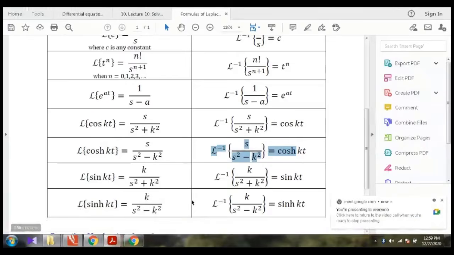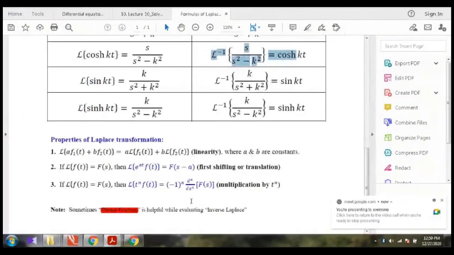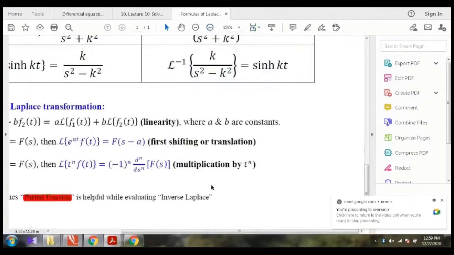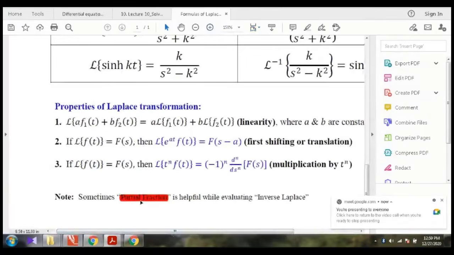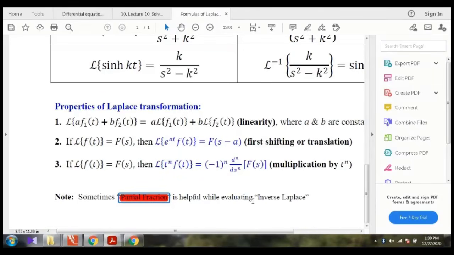we have also one thing to know, that is sometimes the method of partial fraction can be helpful while evaluating the inverse Laplace transformation. So let's try to discuss what is partial fraction. By using partial fraction, we can solve inverse Laplace transformation.